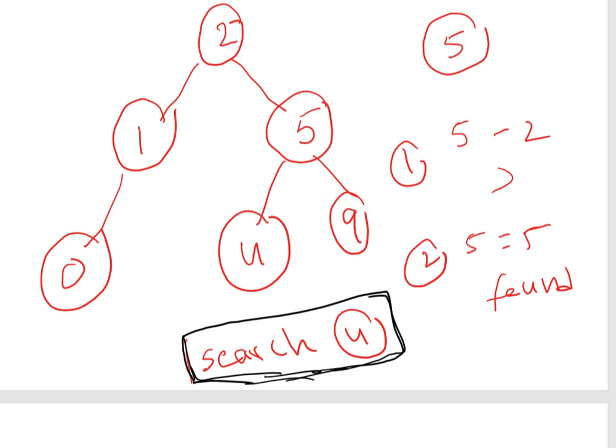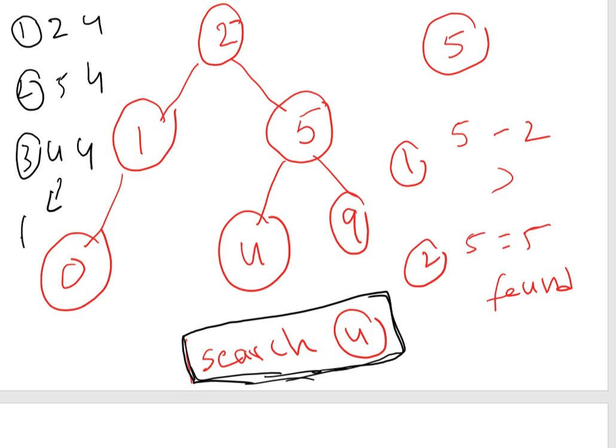What is the first step? 2 and 4. Second step, 5 and 2, 4 and 7. What is the third step? 4 and 4. In the third step we find the element.